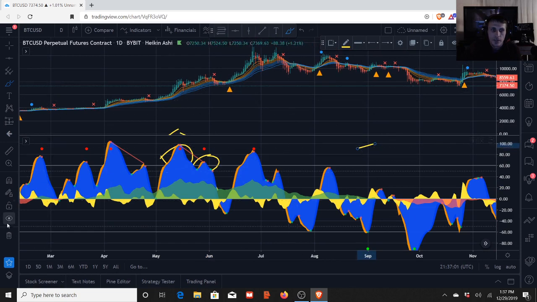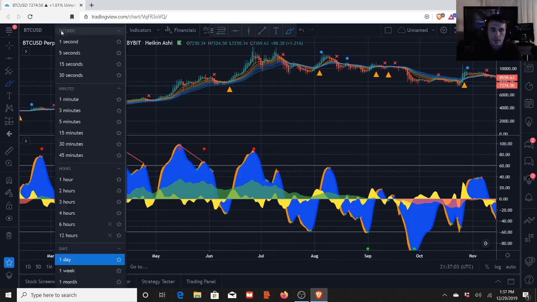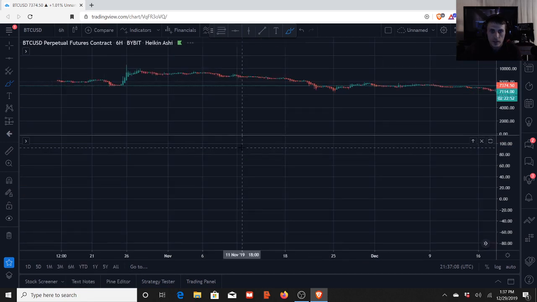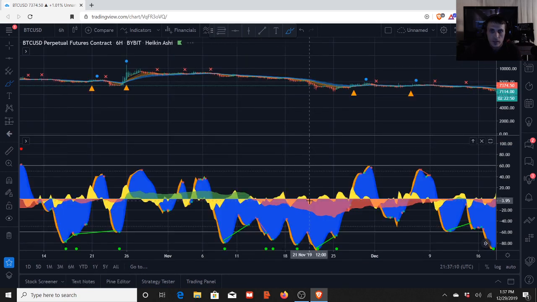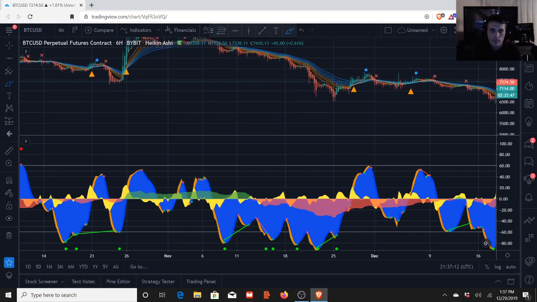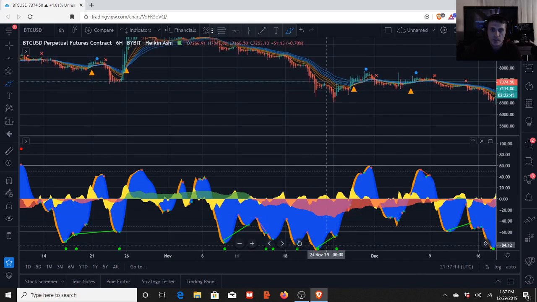And then vice versa on the bullish divergences. You've got your waves moving up and your candles moving down, okay? And then when that happens, right at the end of the divergence, boom, little pop-up. Same over here, we actually got two.